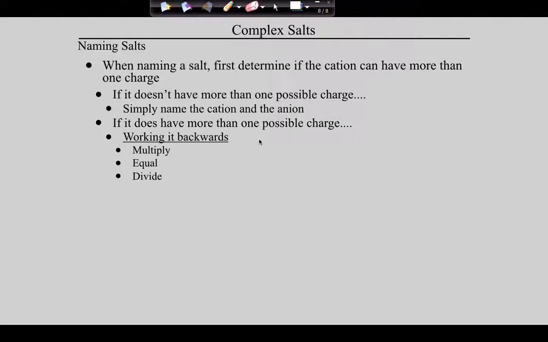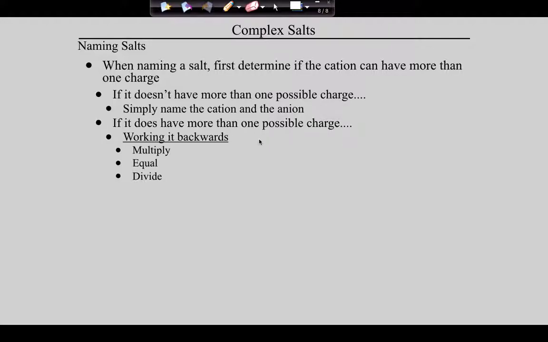So once again in review, I'm afraid my microphone cut out. What we're going to do is look up the positive ion. Can it only have one charge? Just name the salt. If it can have more than one charge, then we're going to figure out what the charge and therefore the Roman numeral is through this process of working it backwards.